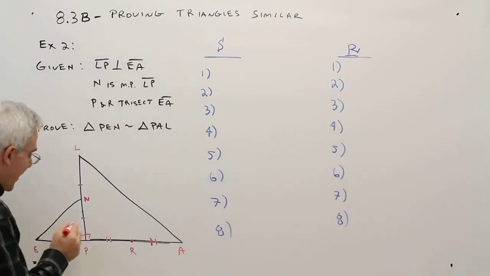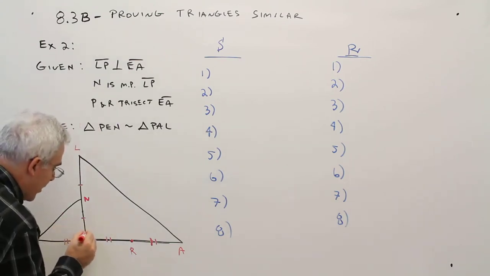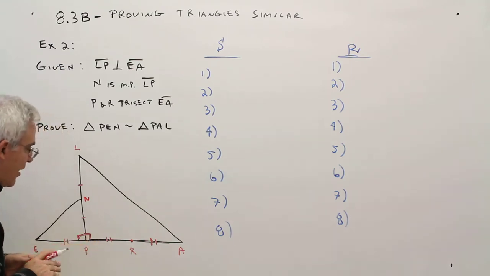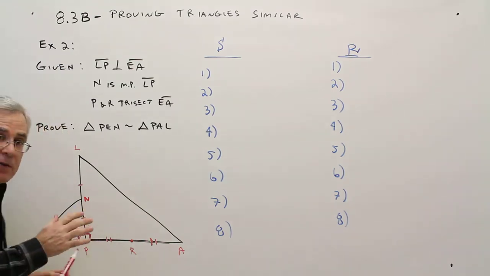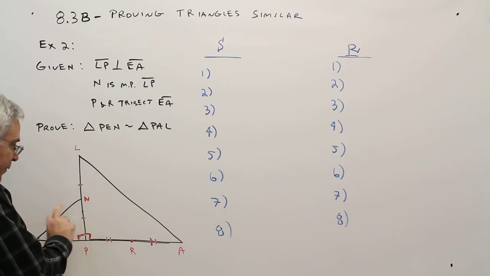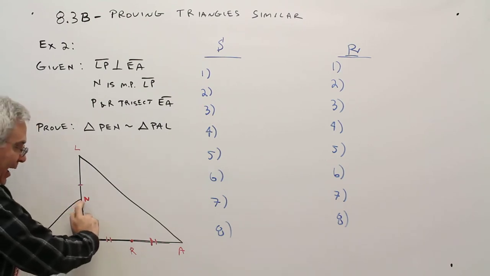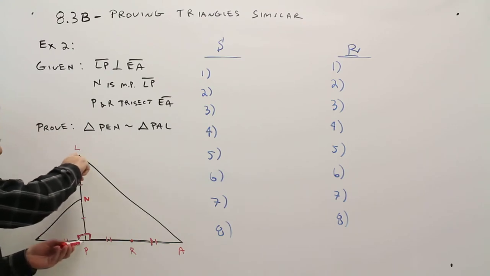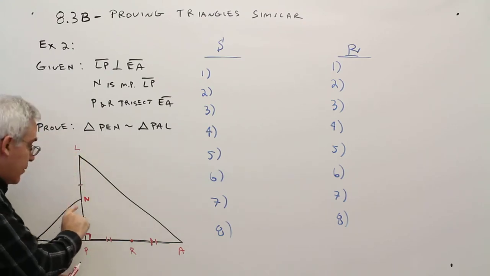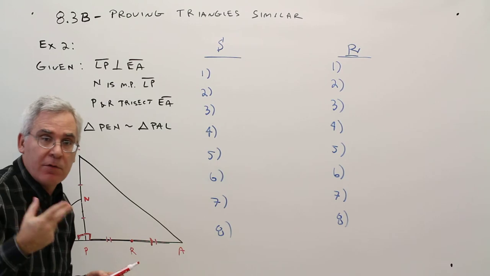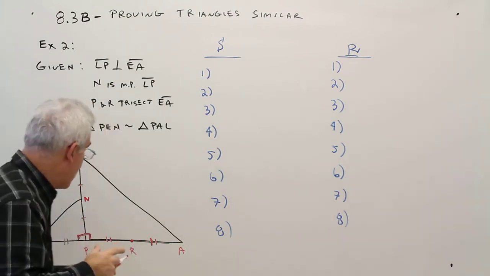Okay, so I definitely have this angle congruent to this angle. Now I've got the sides. So for the small triangle, hopefully you guys could see that this side is 1/2 of that side. Because if we've got a midpoint, it chops up into two congruent parts.